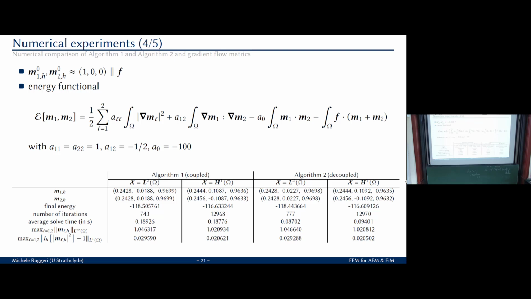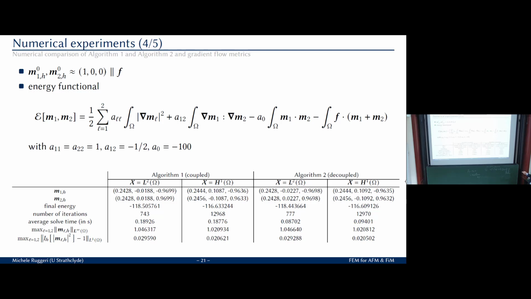I think the motivation lies in the stopping criterion, because in the stopping criterion the metric enters. And if you consider H1, it's a larger quantity that you want to make smaller. So it takes more, and you need more iterations. But then your individual steps are much faster.